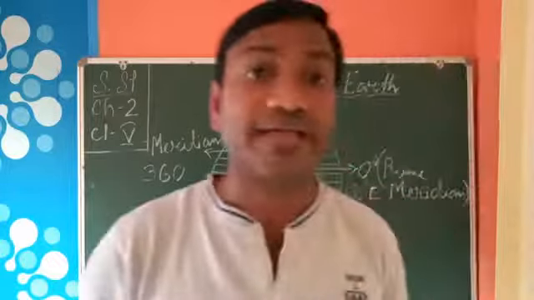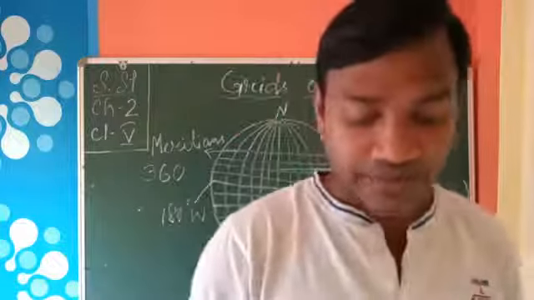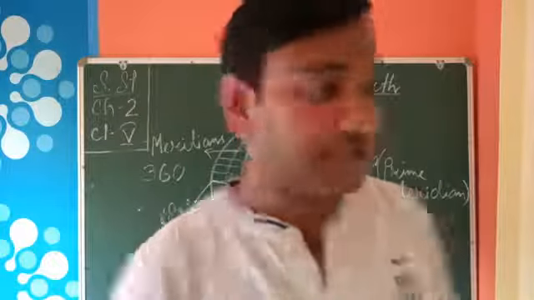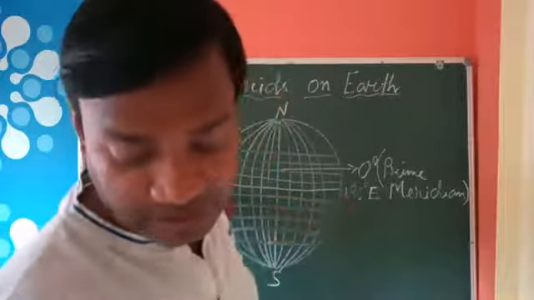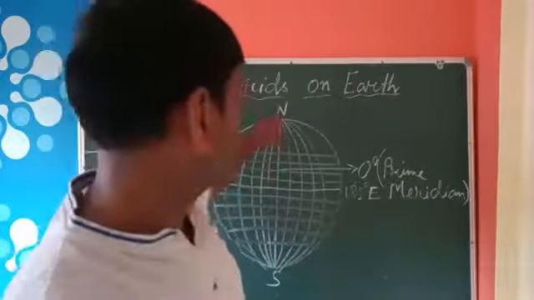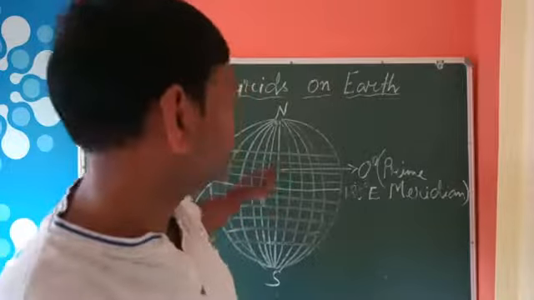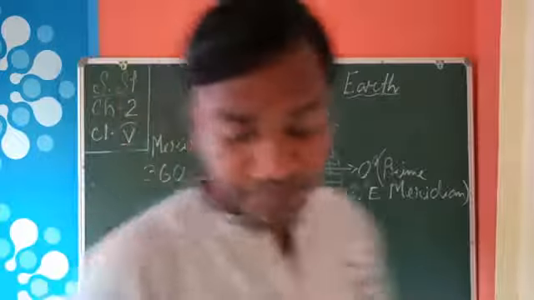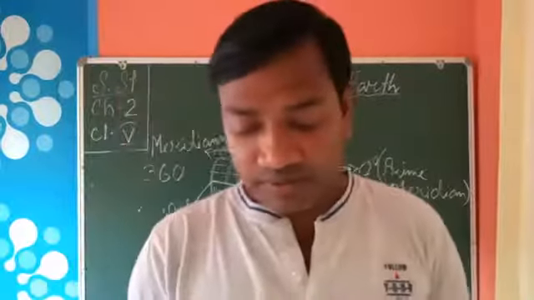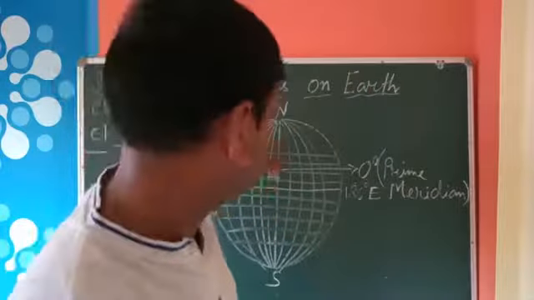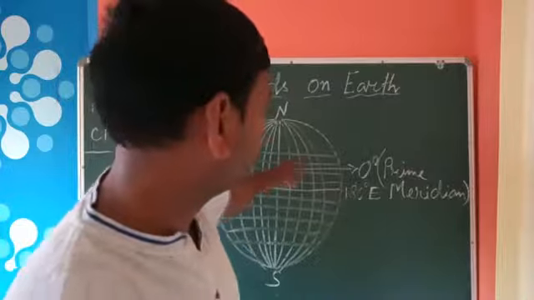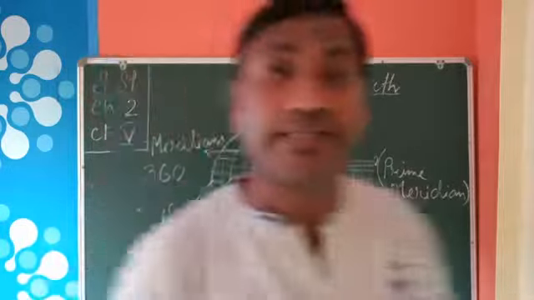So latitudes and longitudes run across a map from east to west, this way goes, and from north to south, this way it goes. So they cross each other. Here you can see, this is the crossing. Here they cross each other.